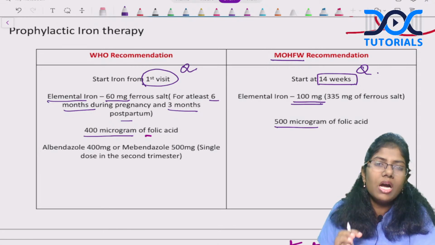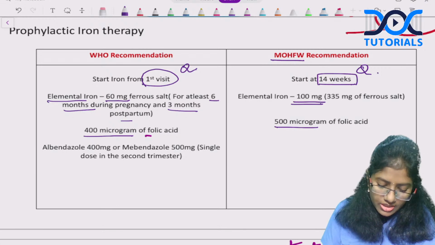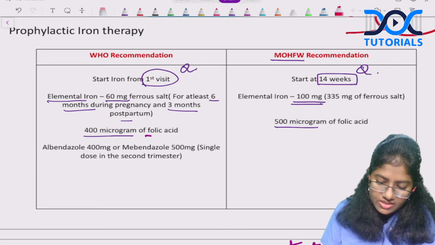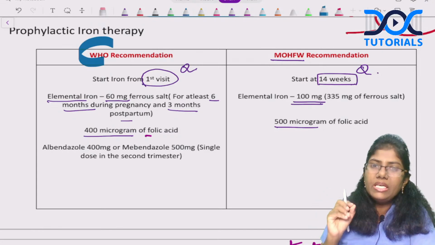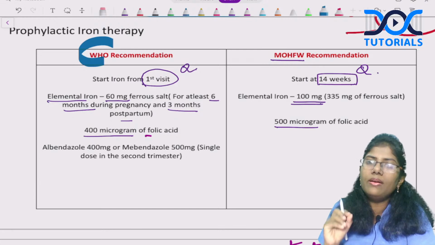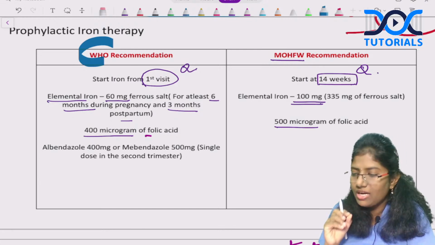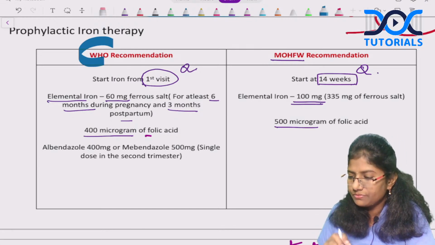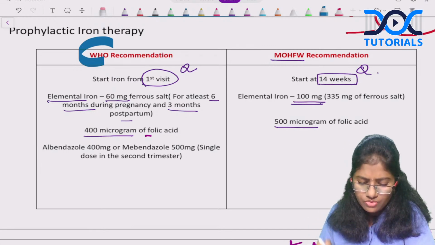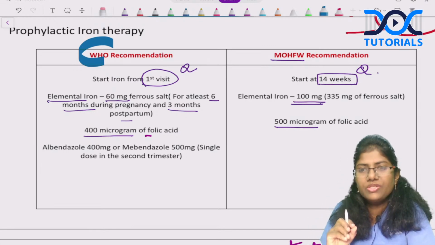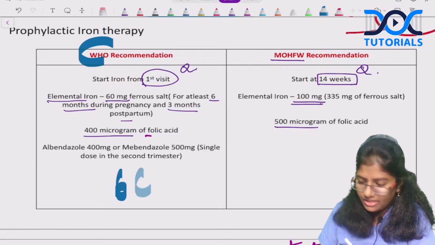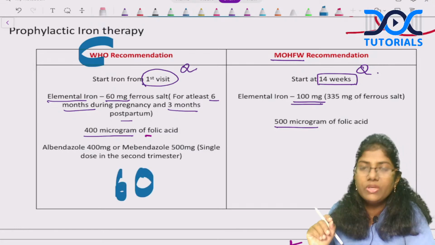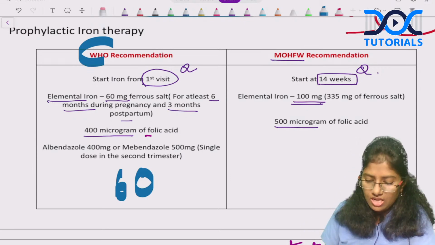So, your answer will depend on whether the word WHO is present in the given question. Please choose the answer wisely. If the word WHO is there, then only you go for the answer 60.